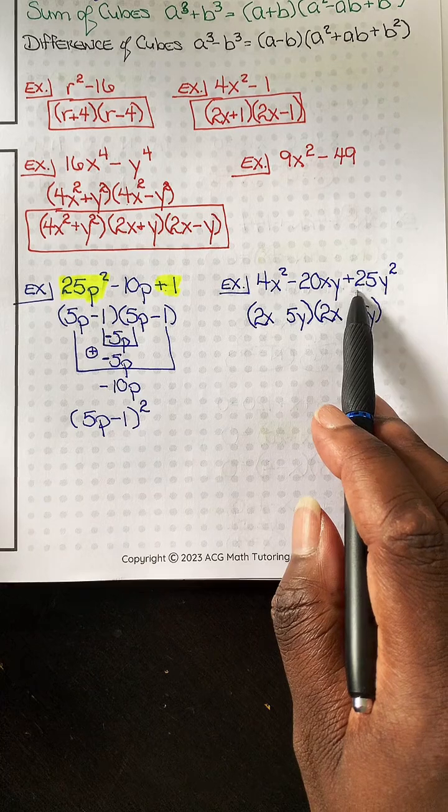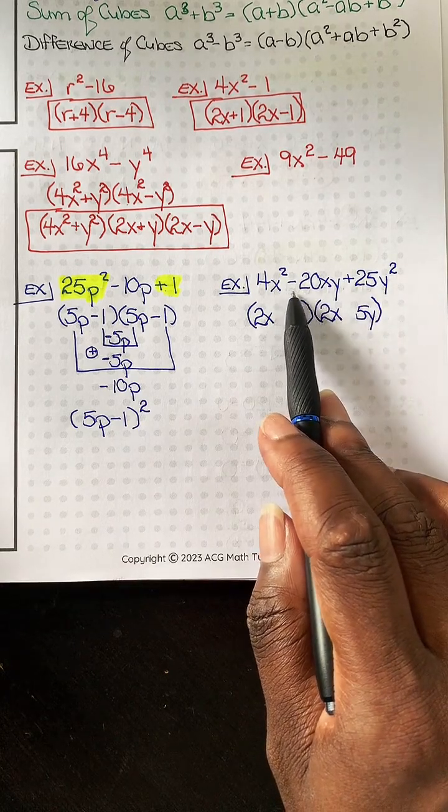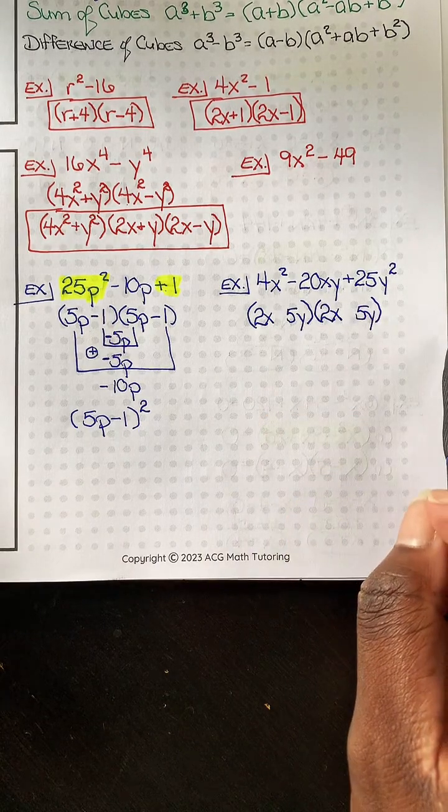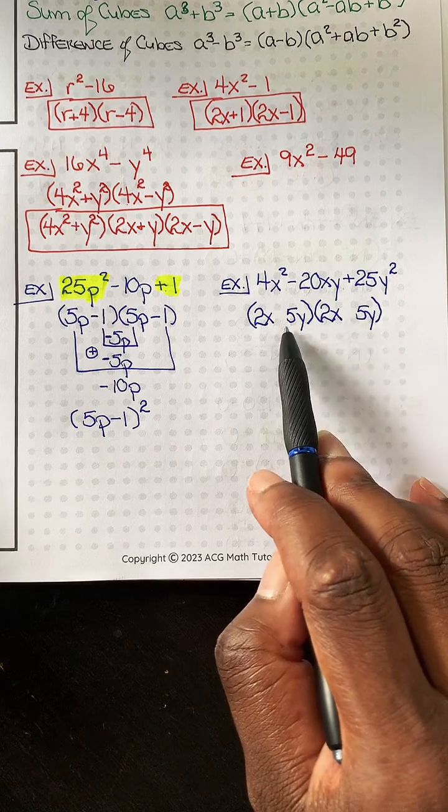So this is a positive 25, but the center we want is a negative 20. What do you think the signage would be?